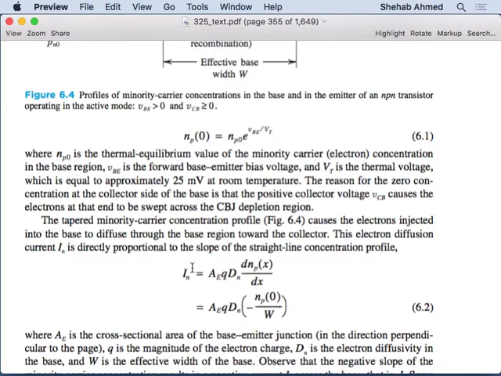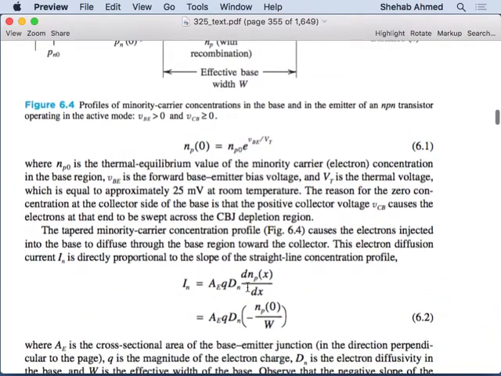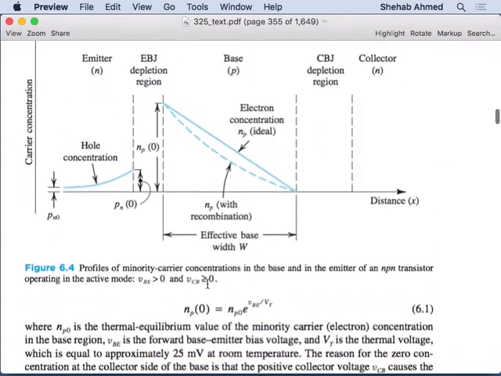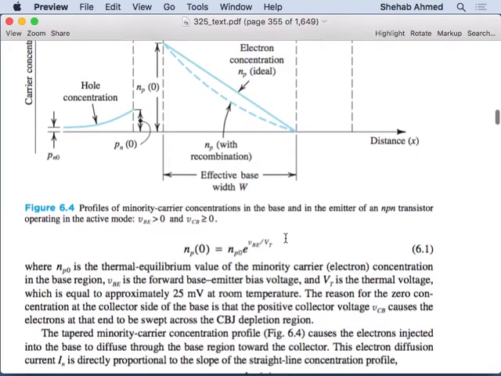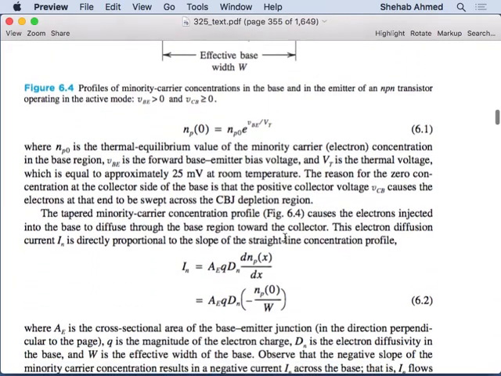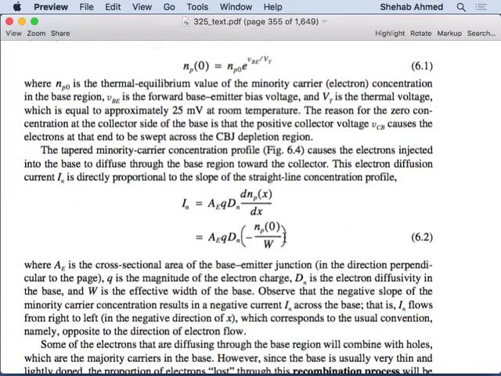Remember, it's the concentration that varies with the distance x. So this is the concentration difference that we're talking about. So IN is the forward current? IN will be the forward current, yes, or the diffusion current. So this is the electron diffusion current, which is basically the forward current of the diode.